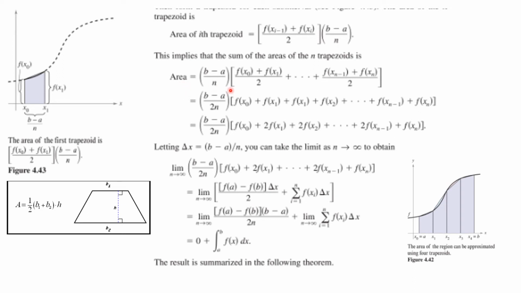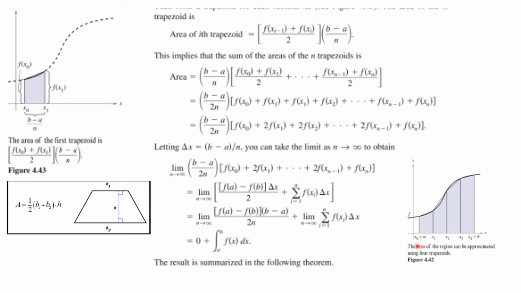So the area is going to be, now each of those has a factor of the base, and here's the average of the bases. But I can pull the 2 out, as I did here, and then I have this. But notice that some of these sides get represented in two trapezoids.